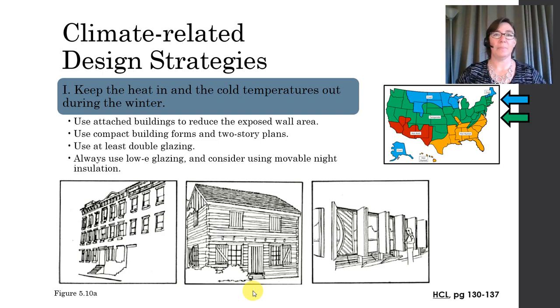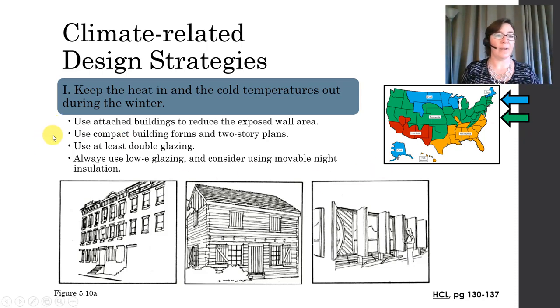So our first winter strategy is to keep the heat in, keep the cold temperatures out during the winter. All right, as a mom, I'm saying this all the time, shut the door. Right? And this is appropriate, take a look over here, in our cold climates and also in many of our temperate climates that might have more towards the cold winter side.